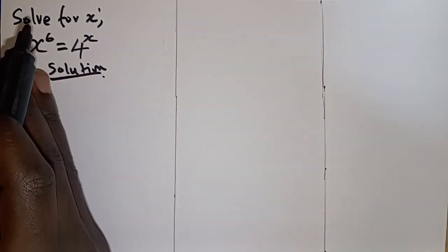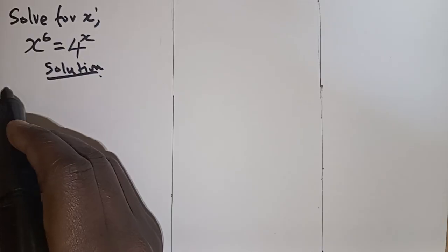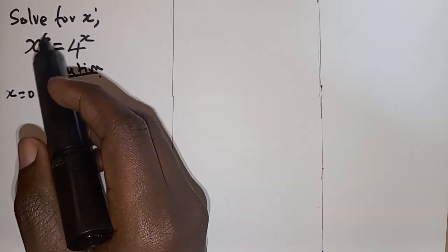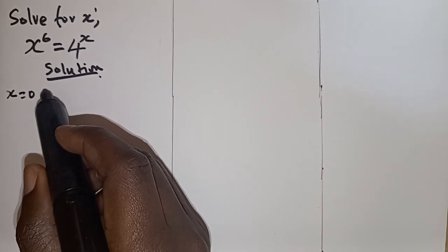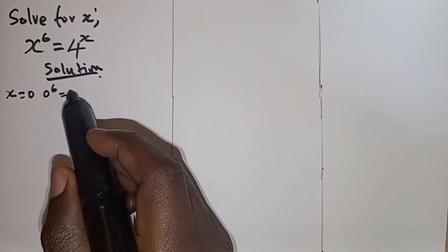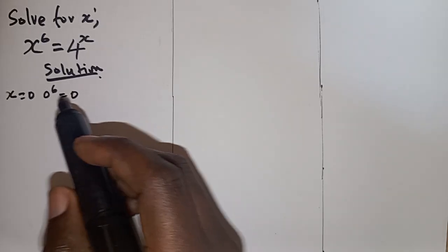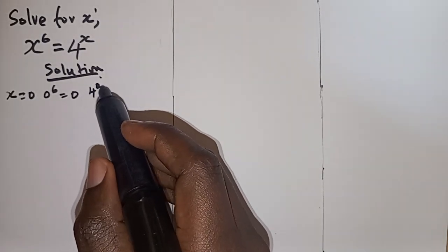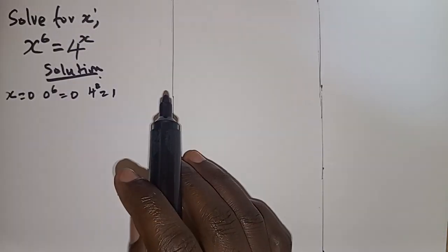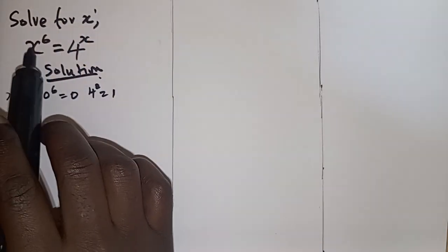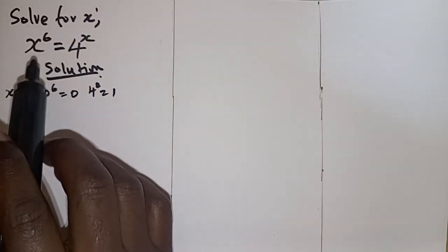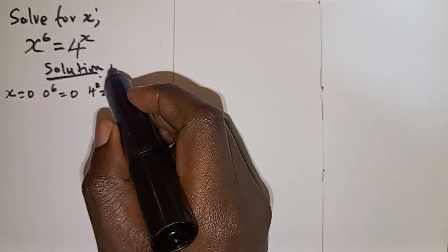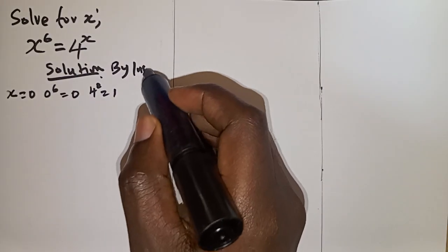If x is equal to 0, then this equation changes to 0 raised to power 6, which of course gives 0, and on the other side, 4 raised to power 0 gives 1. So it is obvious that x cannot be 0 since the left hand side is not equal to the right hand side.